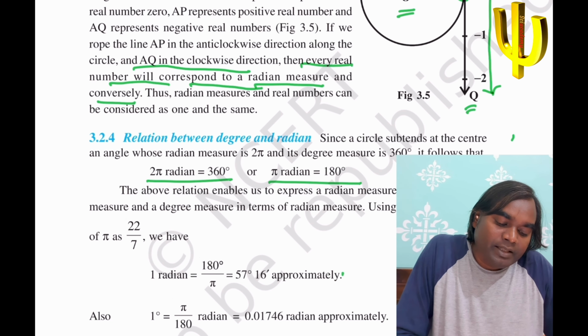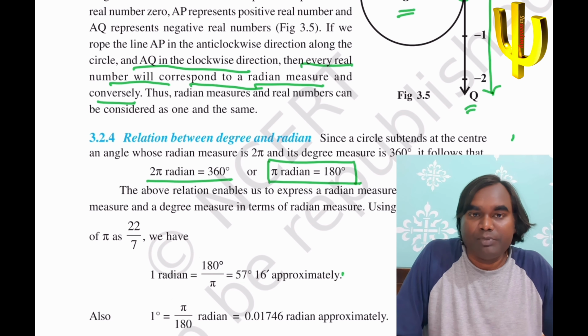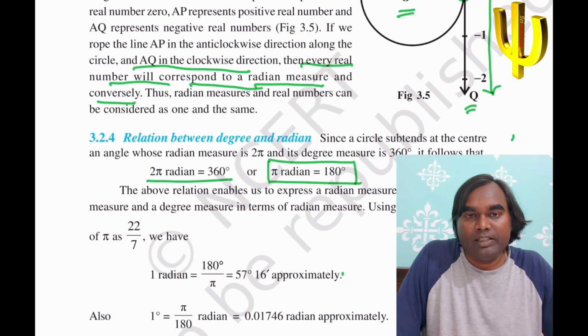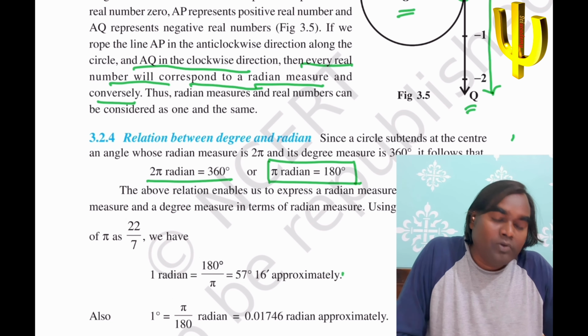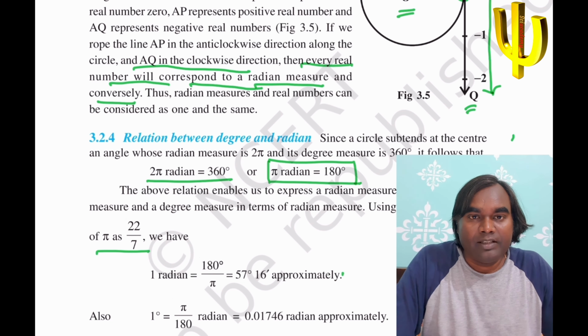So this is a very important relationship. You must remember this: pi radian is equal to 180 degree. It is very useful and comes in handy when you solve different problems. Now, as we know, pi is equal to 22 by 7, generally not the exact value, but we denote pi as 22 by 7.